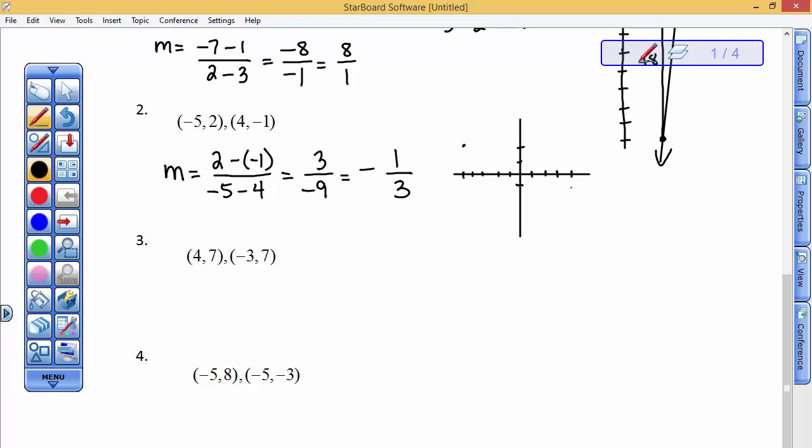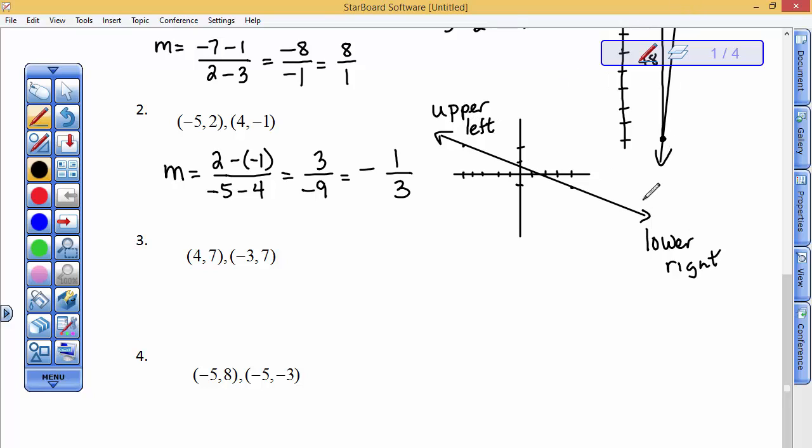So this line, different than the last line, is a negatively sloping line because it goes from upper left to lower right. The last one went from lower left to upper right. So this is a negatively sloping line.